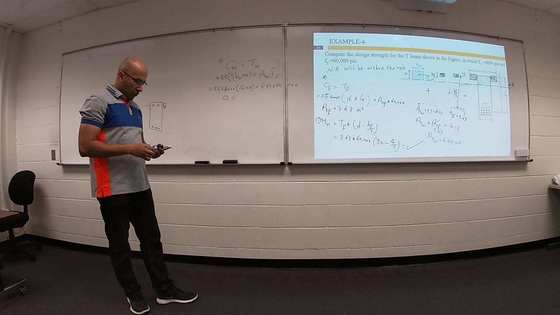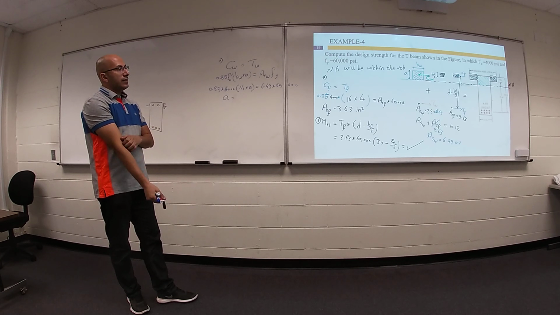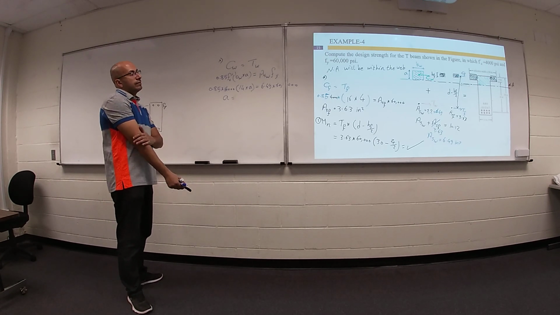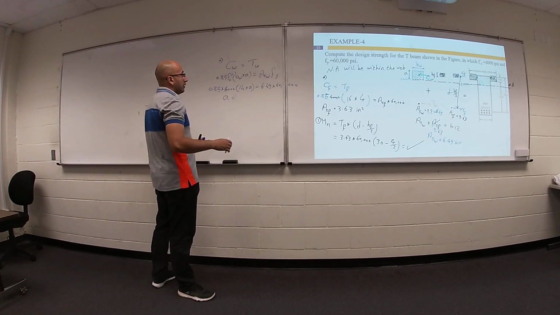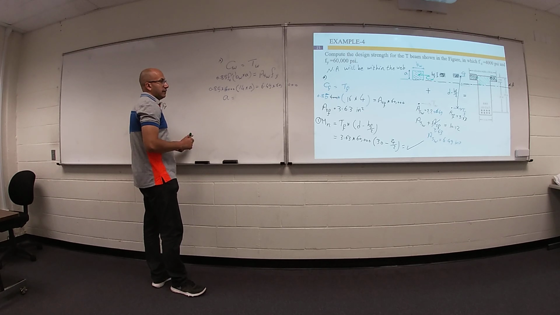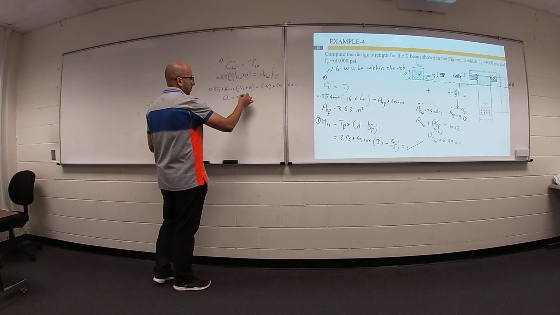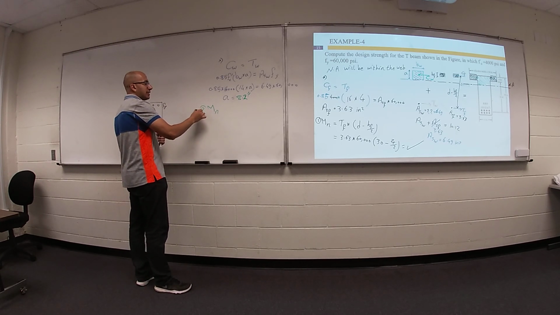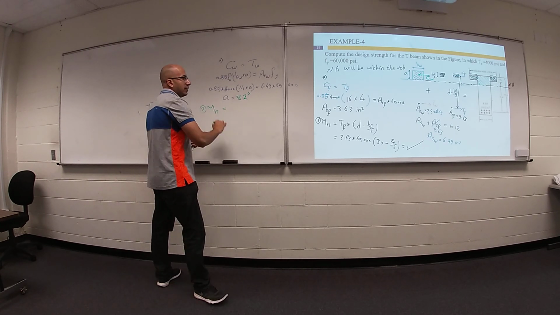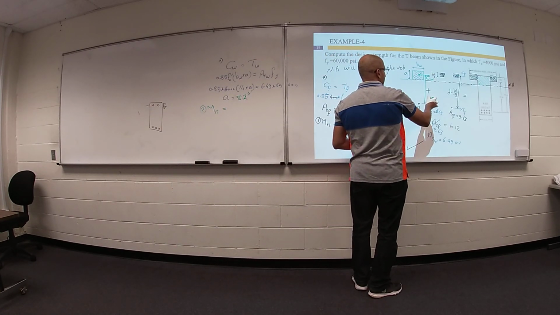What is the value of distance a? 8.19, about 8.2 inches.